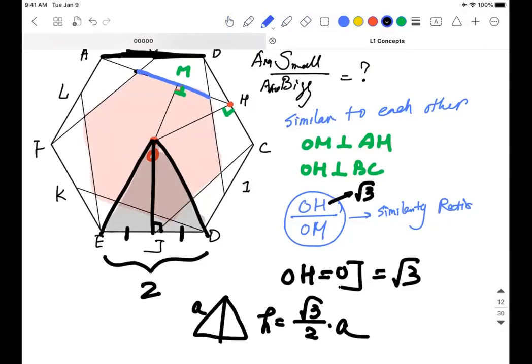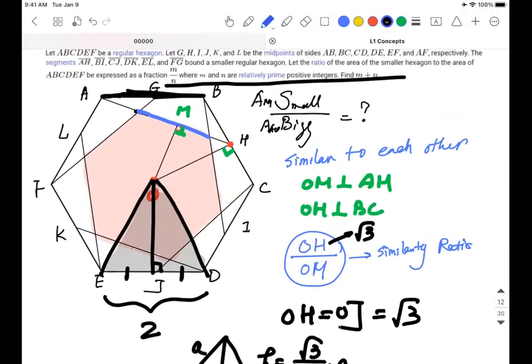Very easy. But the difficult part is, how can I determine OM? This is a little bit challenging, and that's the part where we can use some little trick. I'm going to make a connection between OA.